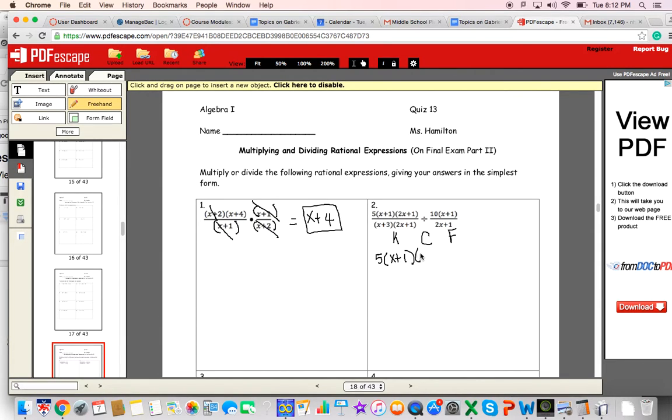So 2x plus 1, just rewriting the first fraction, or as we said before, keeping it. 2x plus 1. Change, I'm changing my division now to a multiplication. And I'm flipping my second. So 2x plus 1 over 10 times x plus 1.